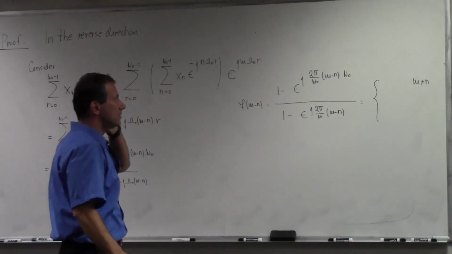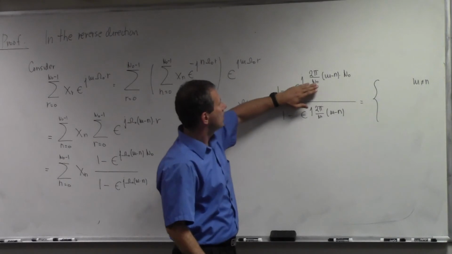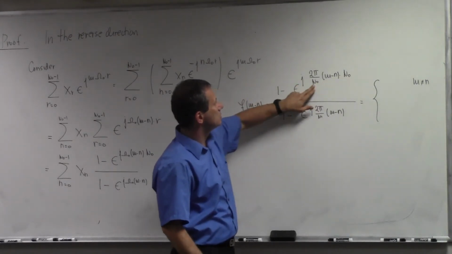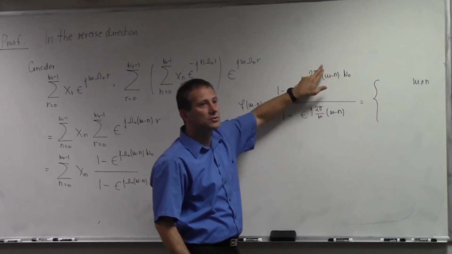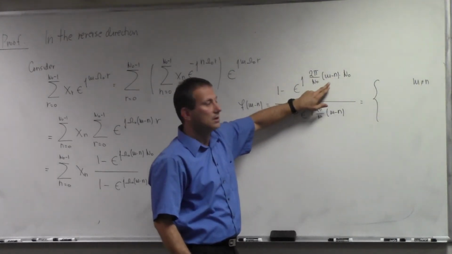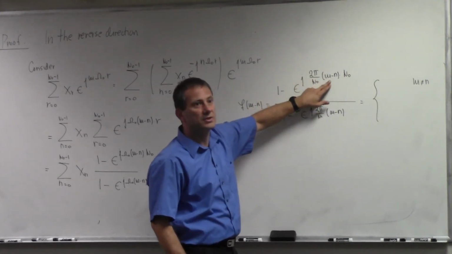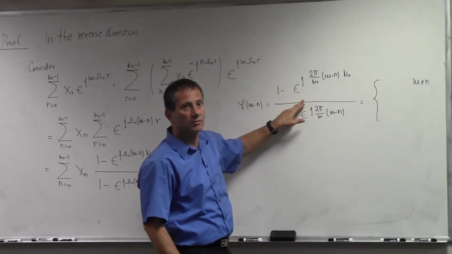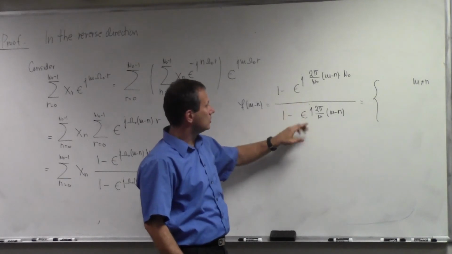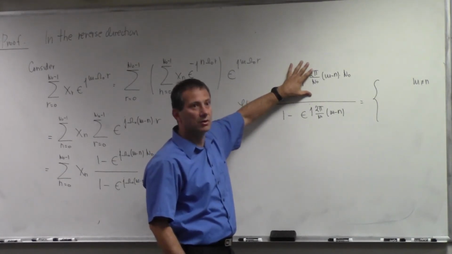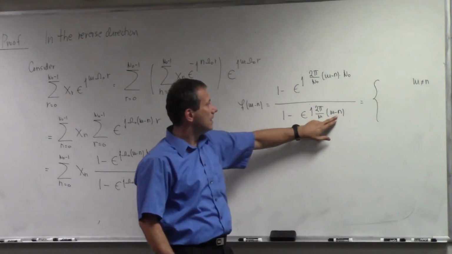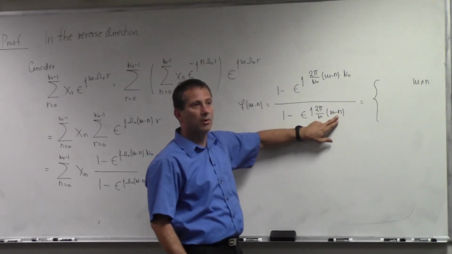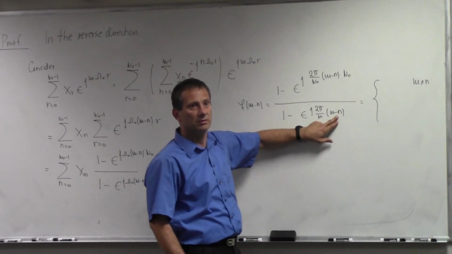When m is different than n, then you have here this n0 and n0 cancels. m minus n is some sort of integer, right? e to the j 2 pi times an integer is 1. 1 minus 1 is 0. So the top is equal to 0. Why is the bottom not equal to 0? m and n are both smaller than n0, right?